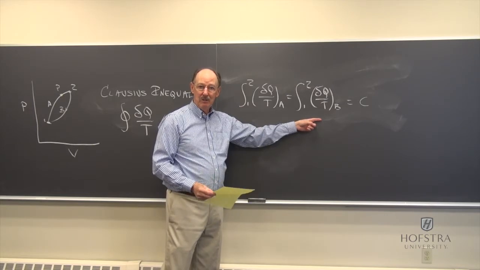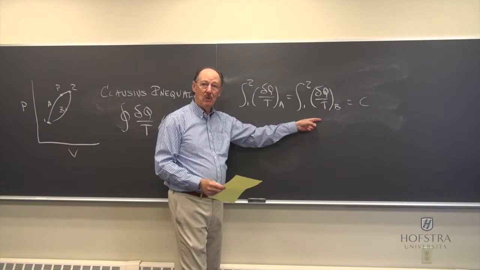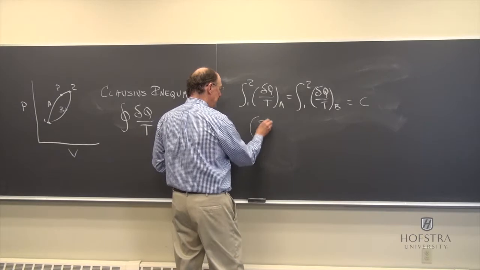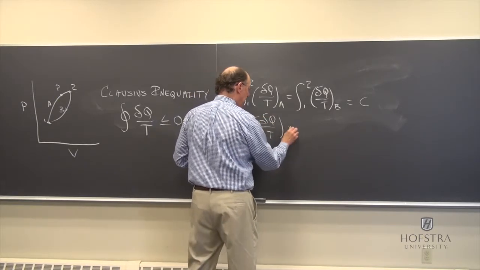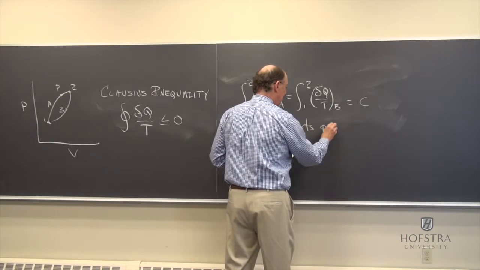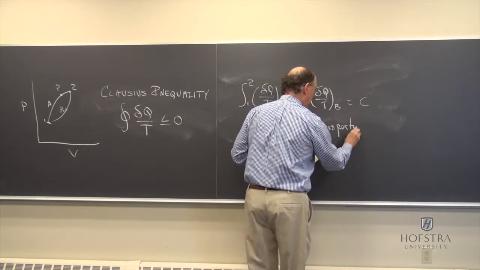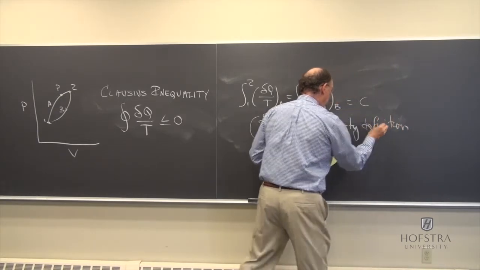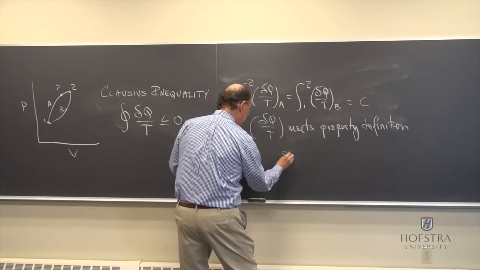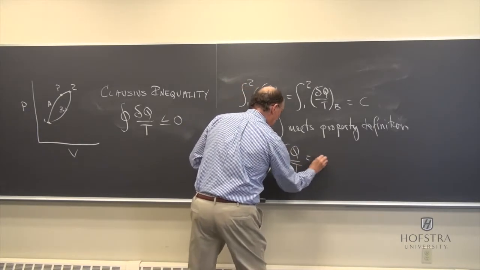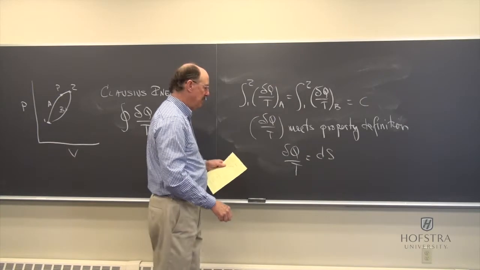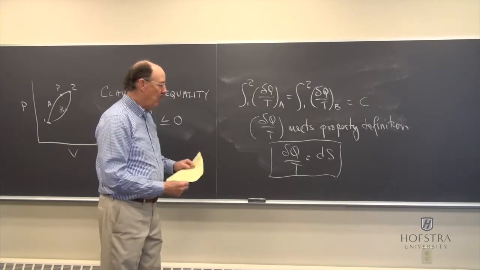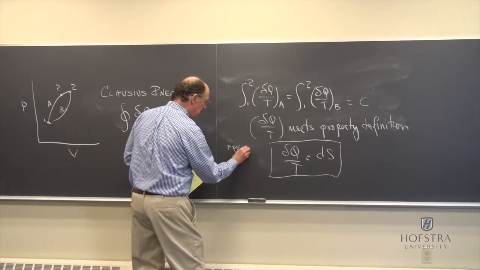So del Q over T is the definition of a property, and we'll call that property the change of entropy, dS. So we end up with this important feature for reversible processes.